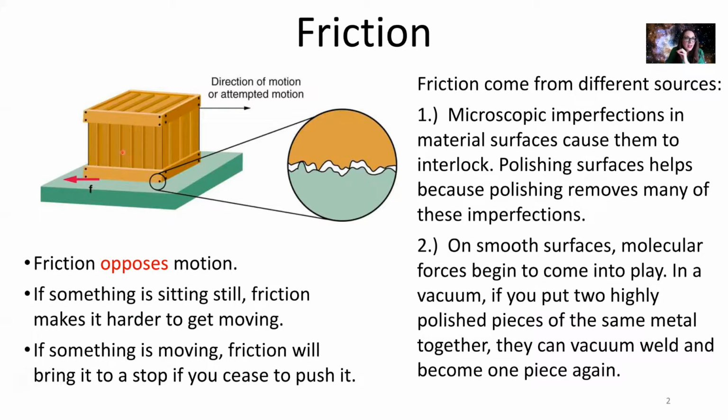You have this crate here on a surface. What if we want to slide this crate across the surface? Well, the surface we're sliding it across is not perfectly smooth. The surface of the crate is not perfectly smooth. There are going to be these little jagged edges. Things get caught on these jagged edges, and that's what contributes to the friction.